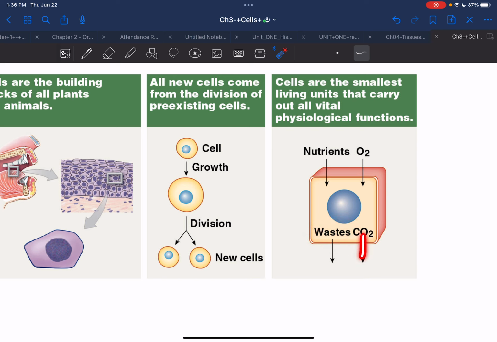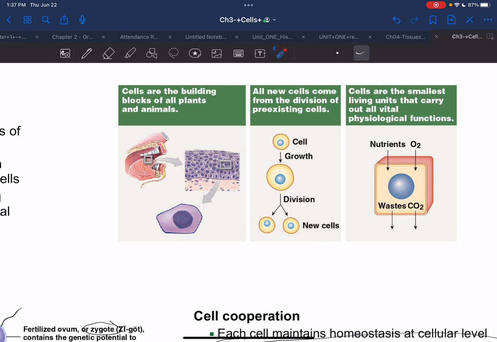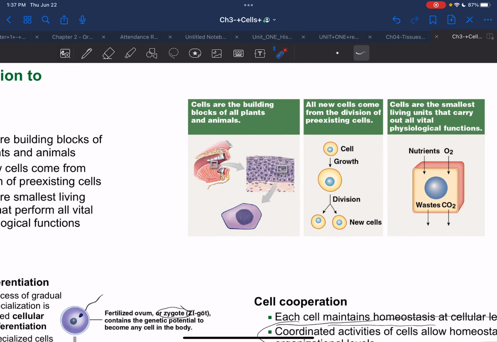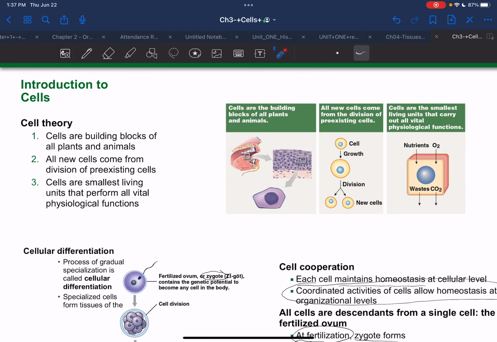They all produce a waste gas. So after the utilization of oxygen, they end up producing CO2. And you can think about it in that manner. And then also the waste, after using those nutrients, they have to produce a poop, a waste. And so they also, in essence, can eat, and they also produce a waste, just like the large organism that they're attached to does.